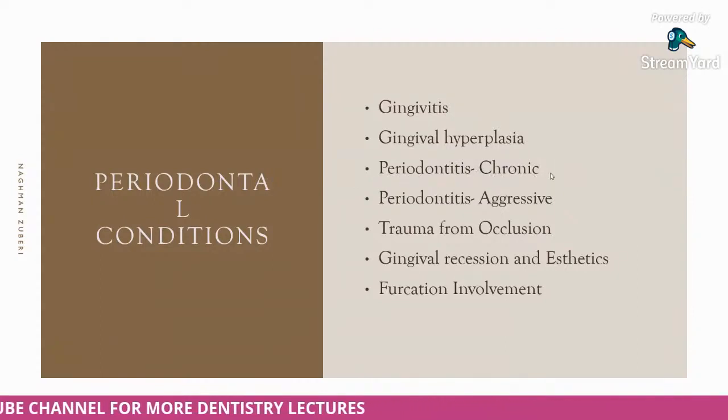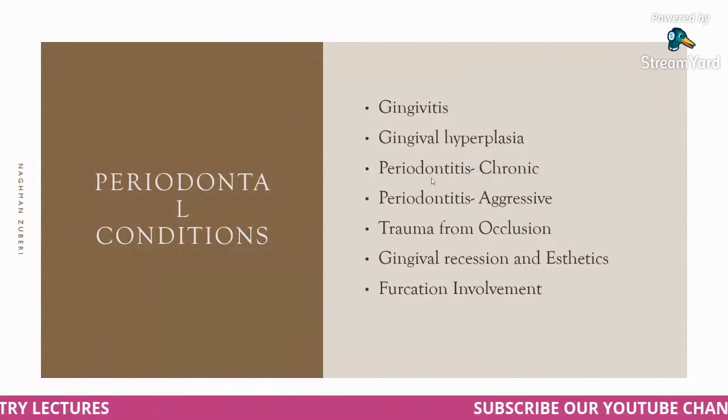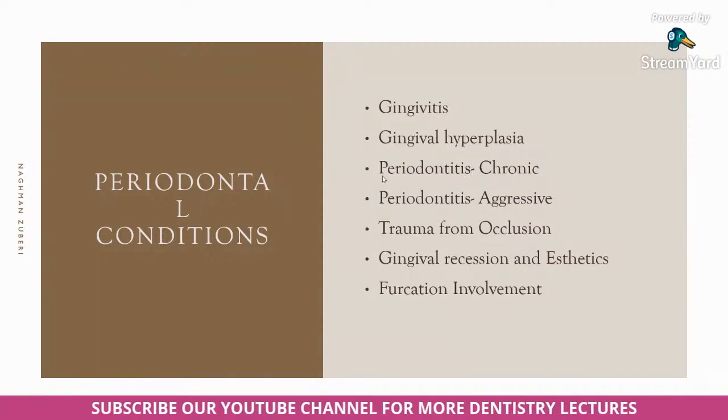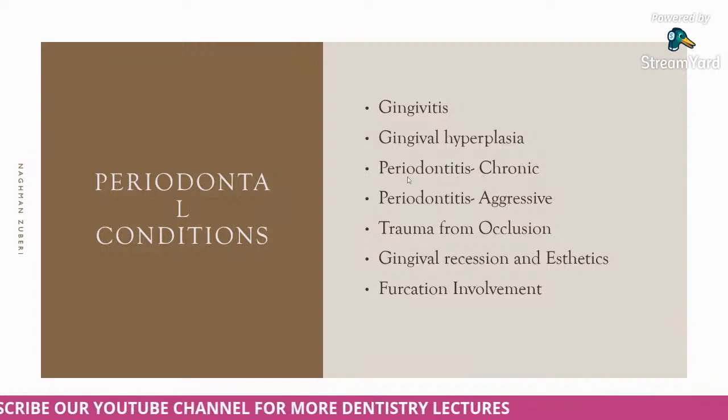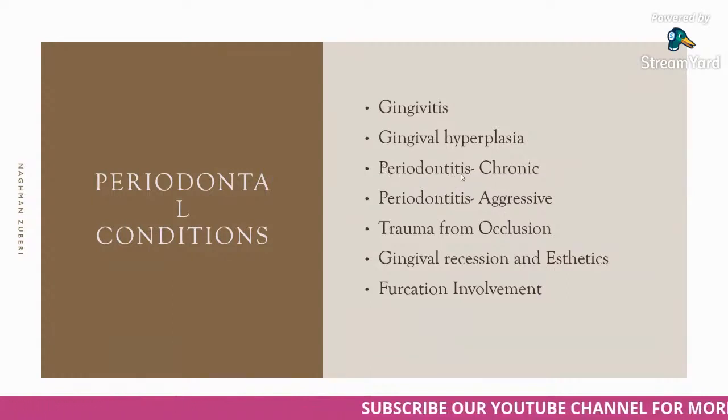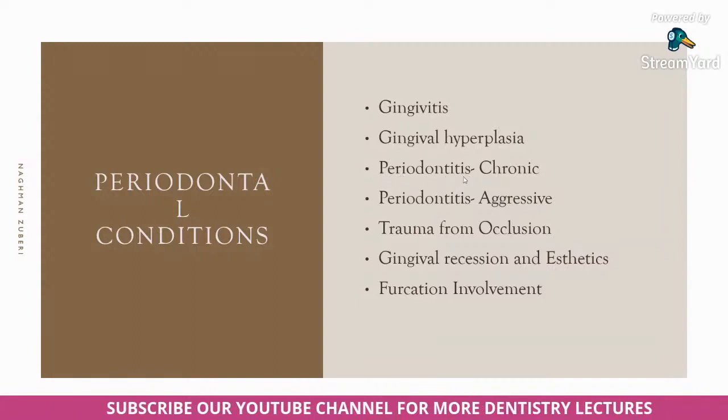Chronic periodontitis, which we used to call earlier adult periodontitis, is the situation which most frequently occurs with adults. So looking at the age, first of all, we will check what kind of periodontitis it would be. Secondly, the amount of plaque or deposits would be consistent with the amount of destruction.